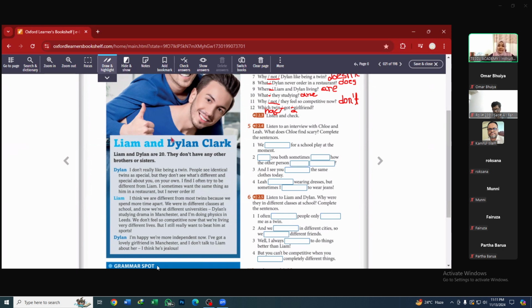They dress the same, they think the same, they feel safe when they're together. And the other pair, they don't like to stay together. They think differently, they enjoy their lives in their own ways. They are competitive with each other. So both pairs are completely different.